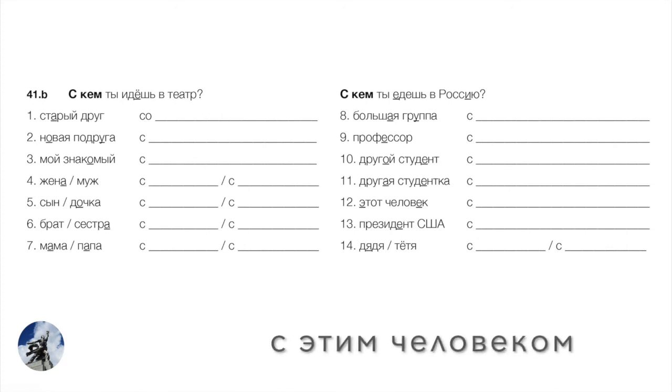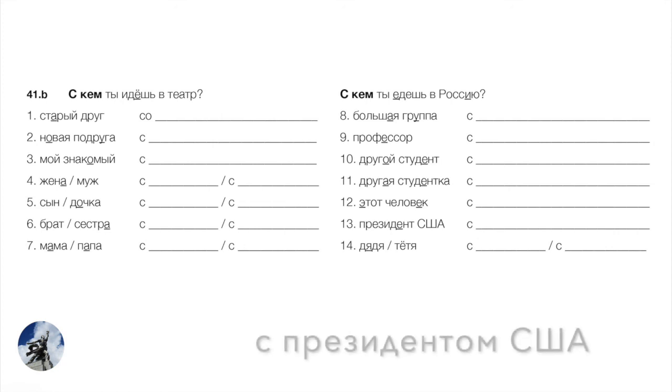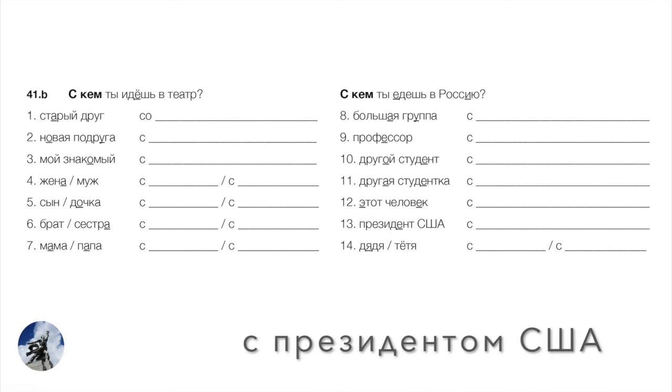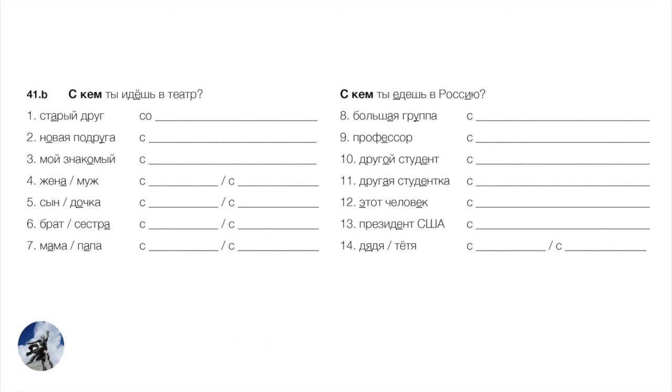С этим человеком. Number 13, with the president of США, right, с президентом США. 14, with my uncle or my aunt, с дядей, с тетей. Okay, both of those are soft, taking soft feminine endings.